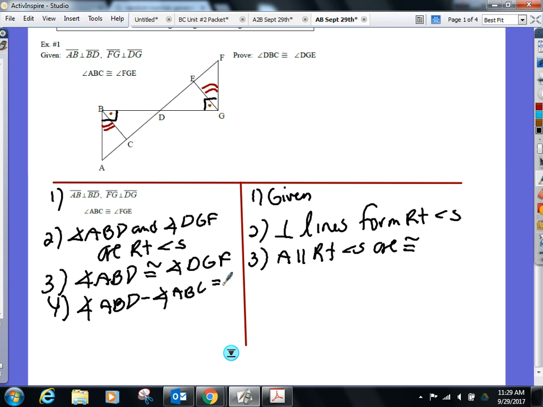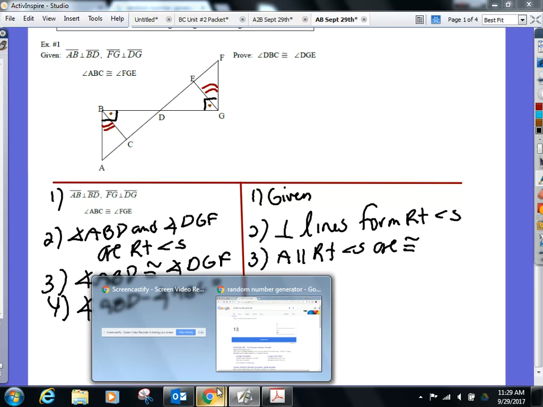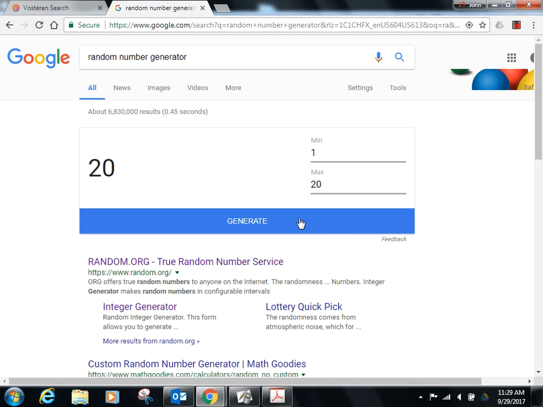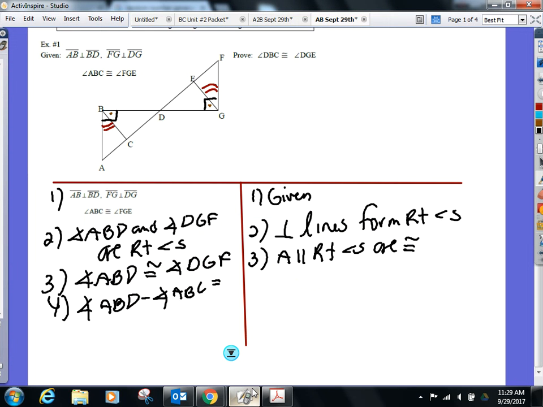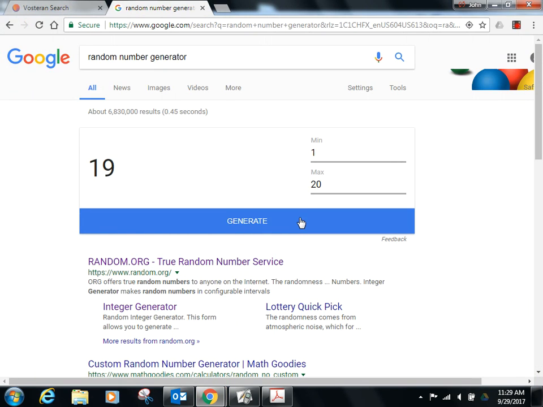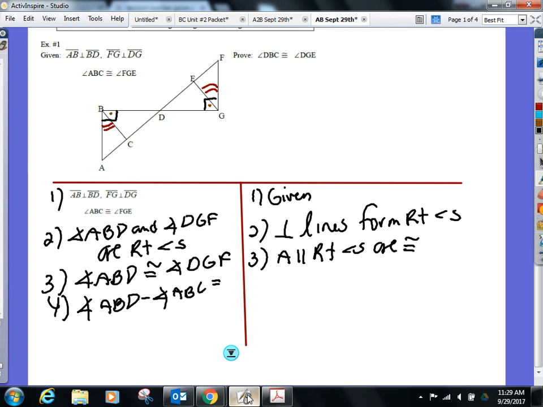And on the other side of the diagram, give me the two angles I'm subtracting. DGF minus FGE. And guys, this reason hasn't changed in the last 24 hours.